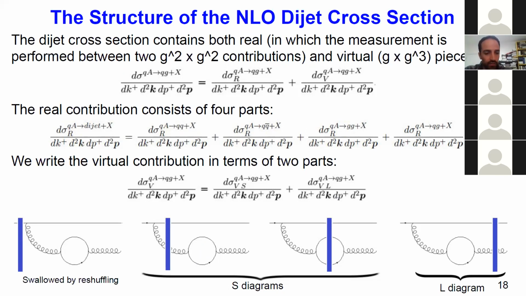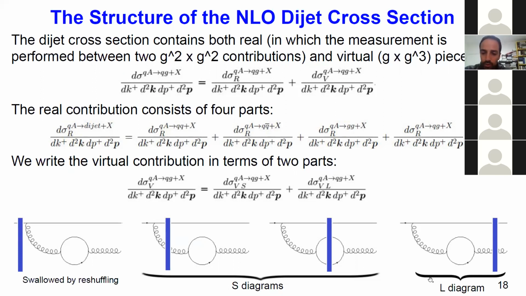And we gave some names to these contributions. The contributions in which the shock wave appears at the end, this is what we call the L diagrams. We are going to sum together all these diagrams.